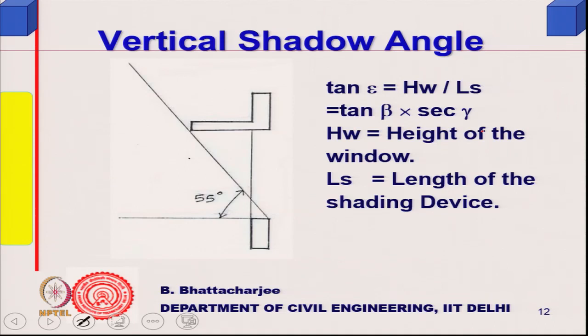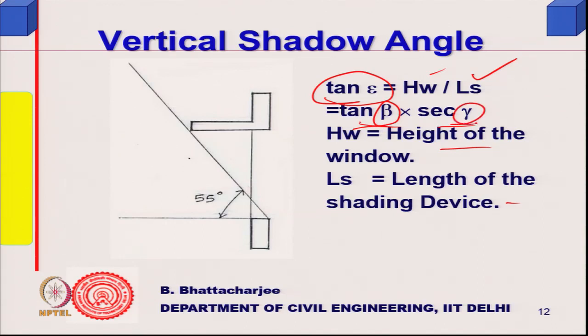So, tan epsilon can be written as HW by LS, that is the height of the window over the length of the device, equal to tan beta sec gamma. So, the tan of the vertical shadow angle is related to the altitude angle and wall solar azimuth at any point of time.